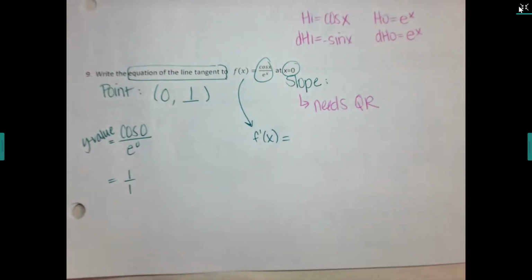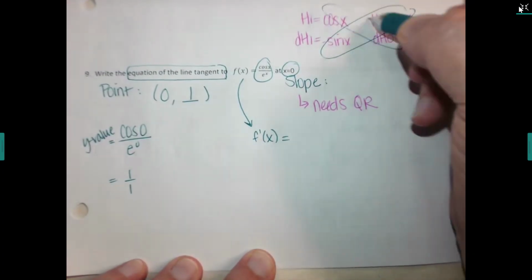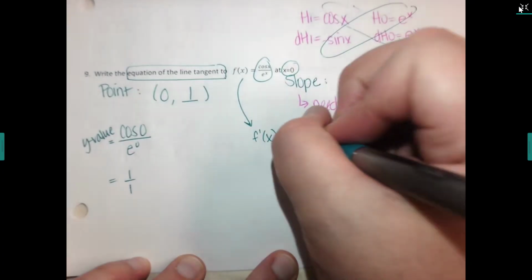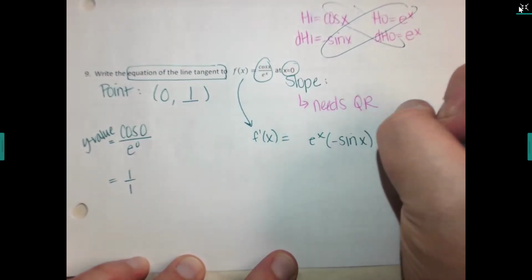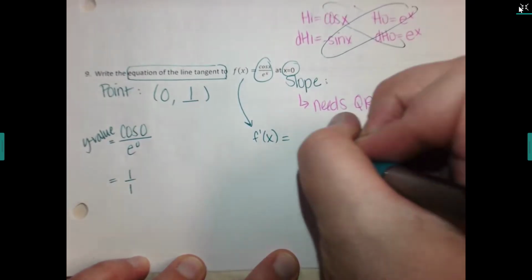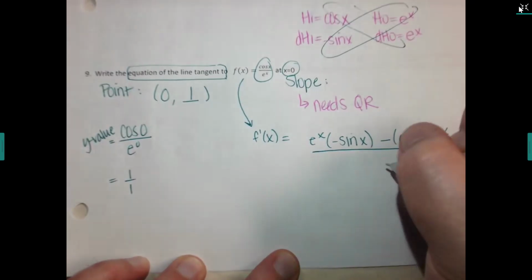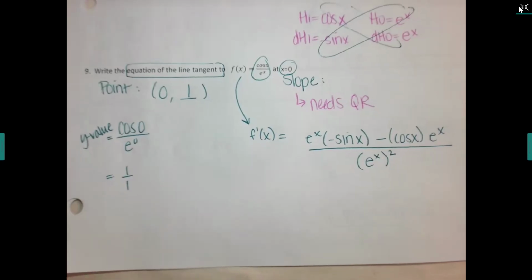And then remember, you got to go in order. It's ho d high, that's this diagonal, minus high d ho. So it'd be e to the x times negative sine x minus cosine x times e to the x. And then ho squared would be e to the x squared.